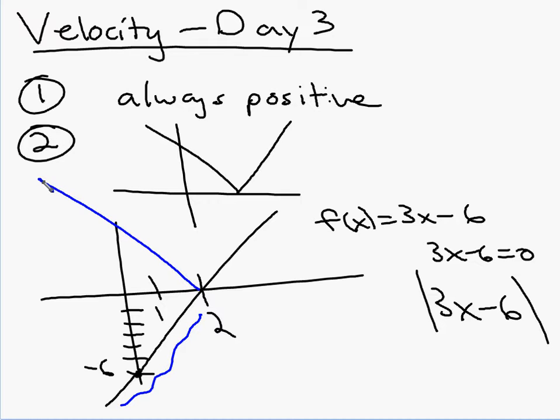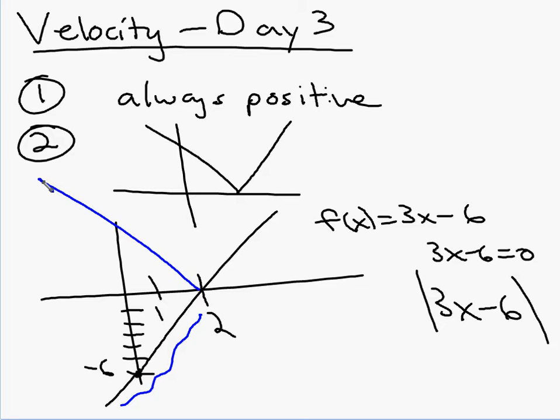And so to answer question number 2, what effect does taking the absolute value of a function have on its graph? Well, it reflects the negative function values across the x-axis. Okay? And that is true for any function.